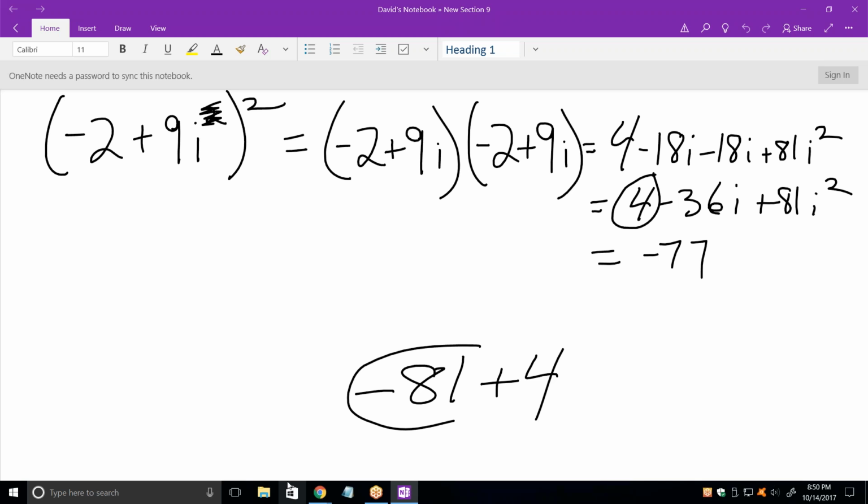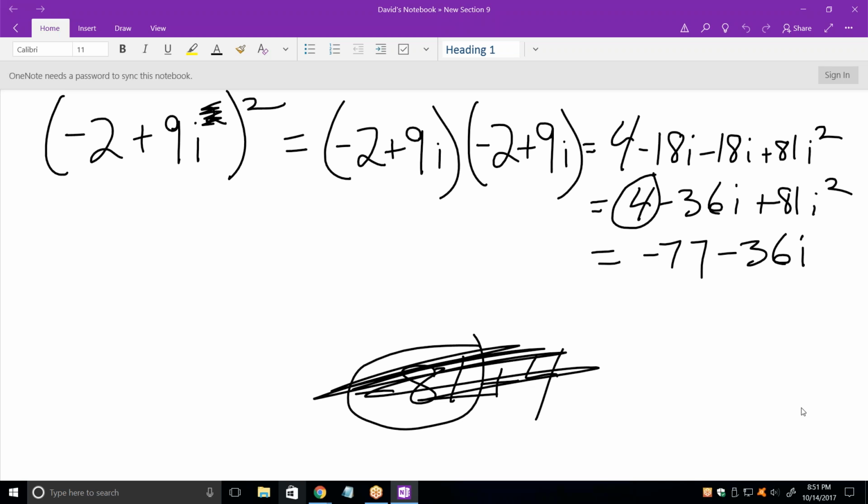You have the negative 81, and you're adding 4. There's a plus sign in front of that 4. So it's negative 77 minus 36i. Let me double check. Negative 77 minus 36i, right?